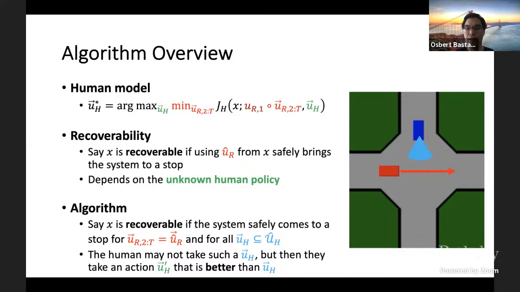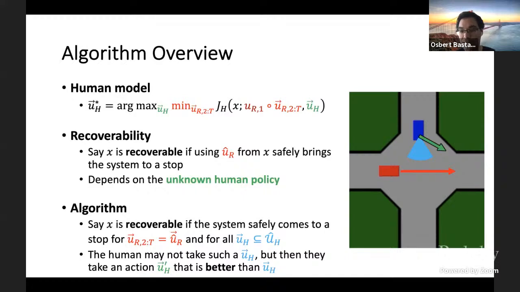Okay. So one important thing to note, and just to emphasize, is that we're not assuming that the human takes an action in this set U hat H. So this isn't just a matter of being robust to some subset of possible human actions. They might in fact, and they do, take actions outside of this set.